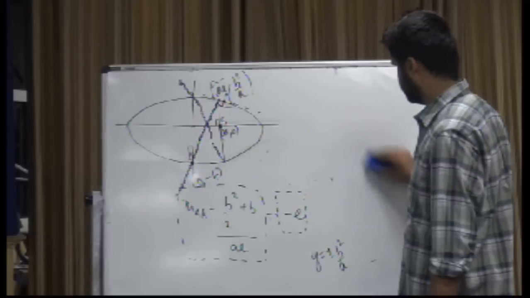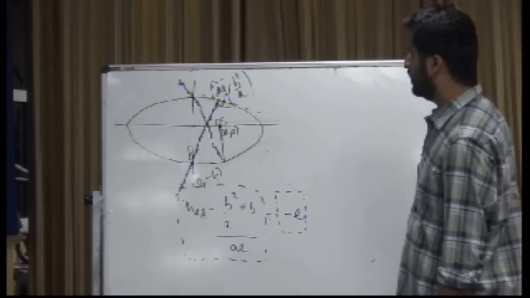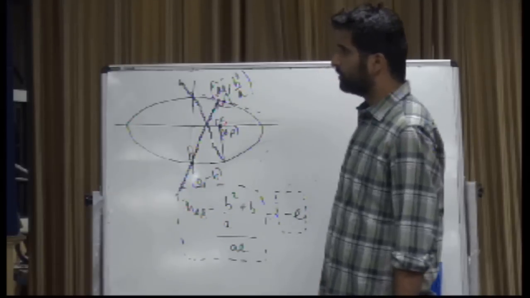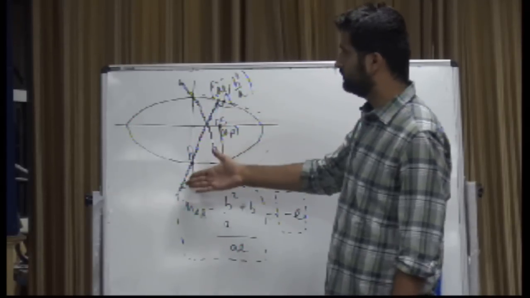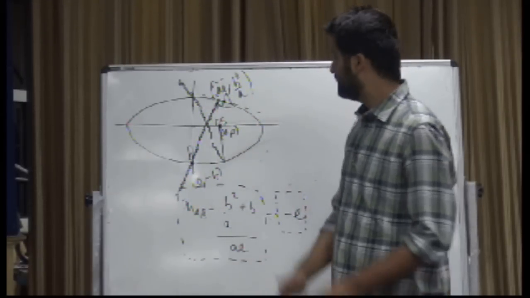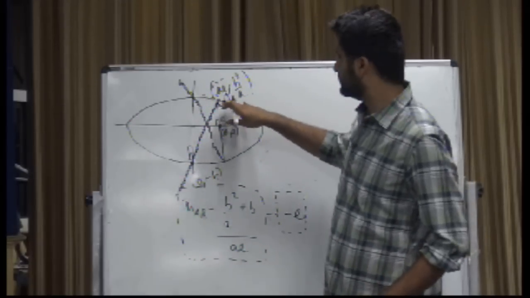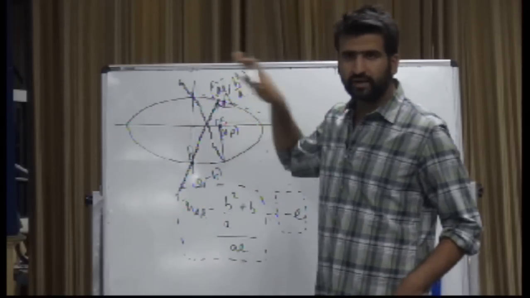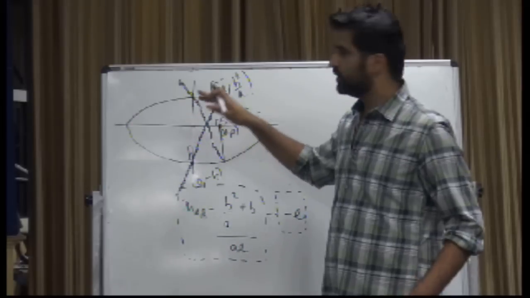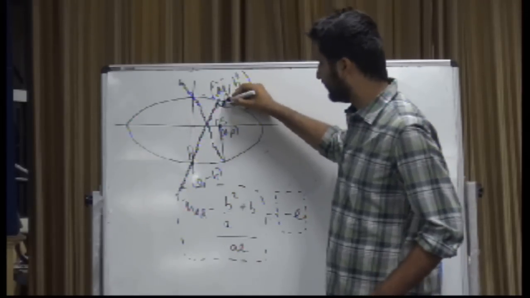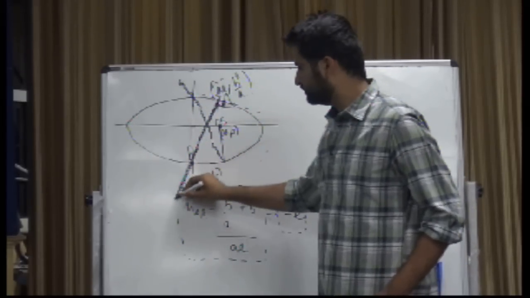Now see, next thing is, how does the slope of the chord equal the slope of the normal? Now see, this is a normal. We know that in the question he was saying that the normal drawn at the end point of the latus rectum. So the normal drawn to the end point of the latus rectum is this one.